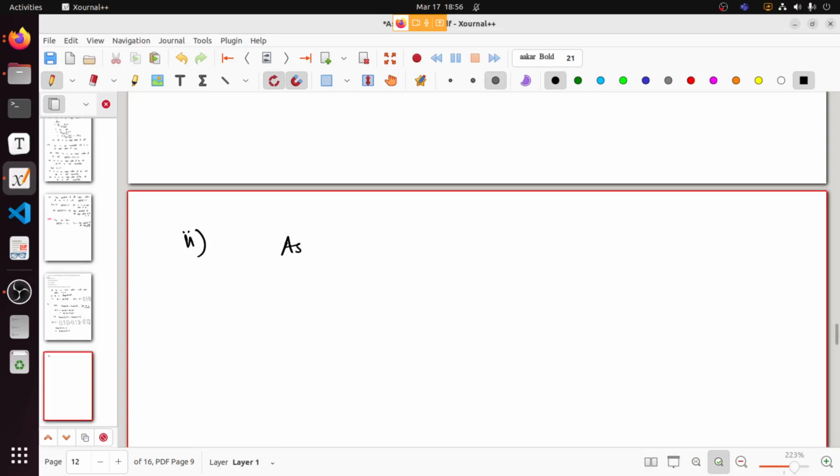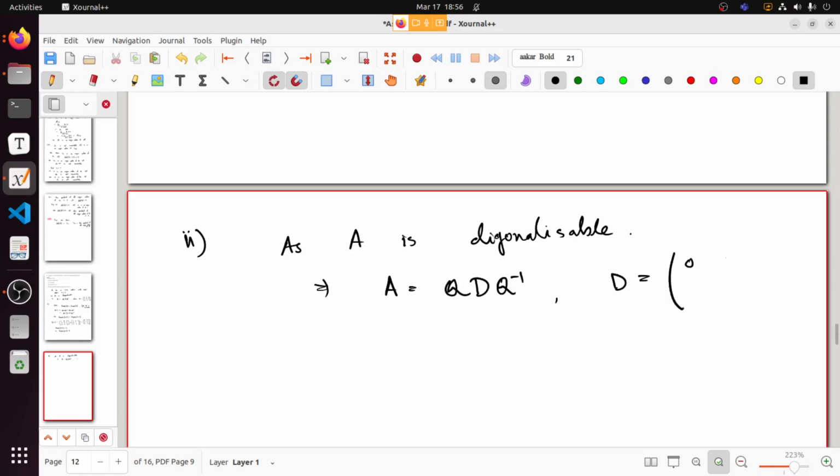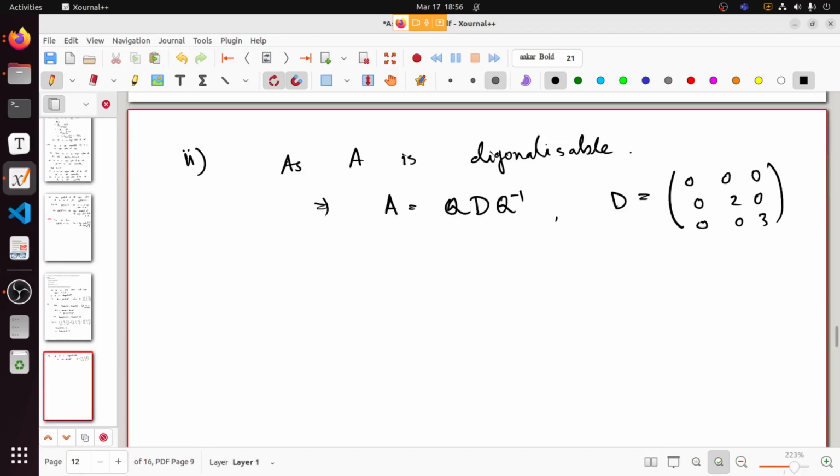As A is diagonalizable, which implies A can be written as Q D Q inverse, where D is this diagonal matrix, [0, 0, 0; 0, 2, 0; 0, 0, 3], and this is called the similarity. So this means A is similar to D, right?